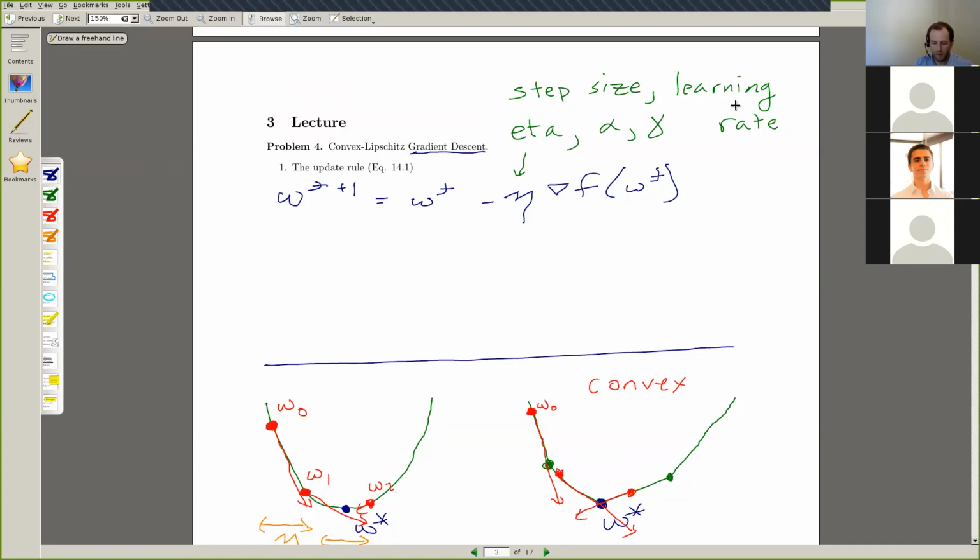So speaking of the data mining context, this f function for us is going to be our training loss at whatever our input w is.